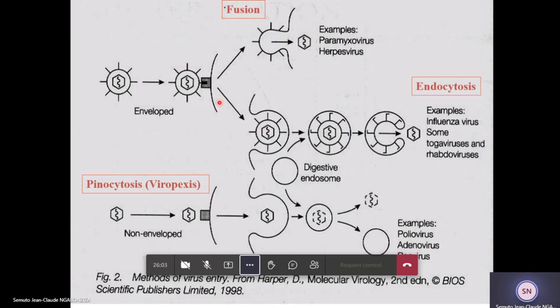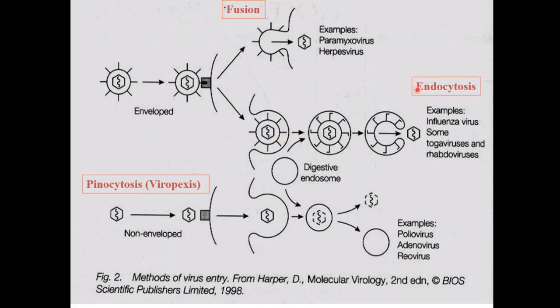Some others, although they have this envelope, get in by endocytosis, because the envelope cannot fuse with the cell membrane. Instead, the cell membrane internalizes the virus by invagination of the membrane.